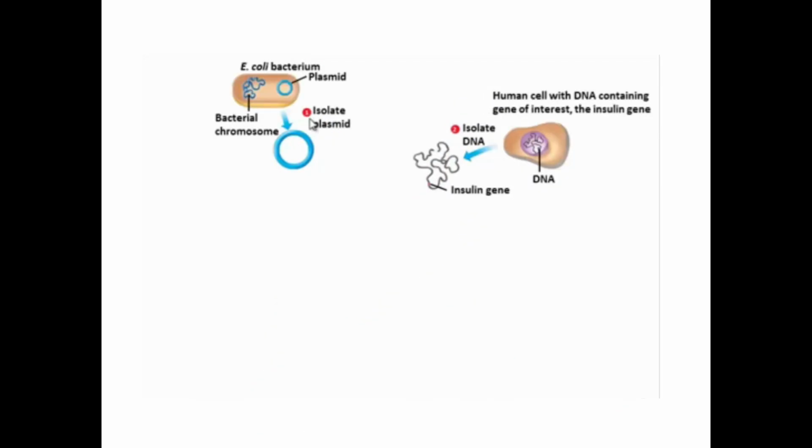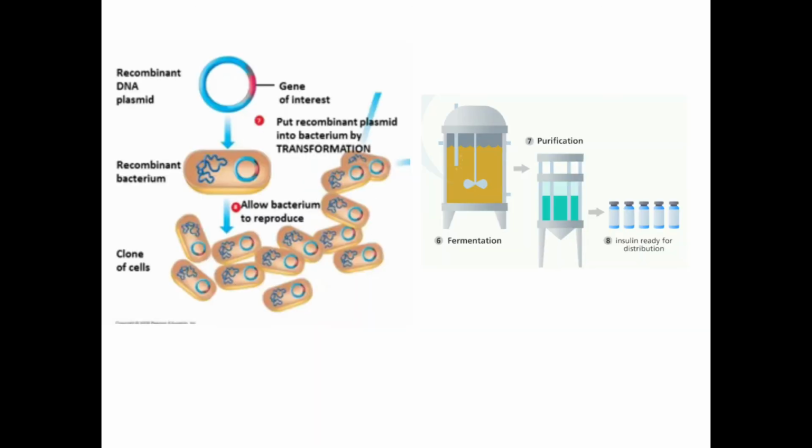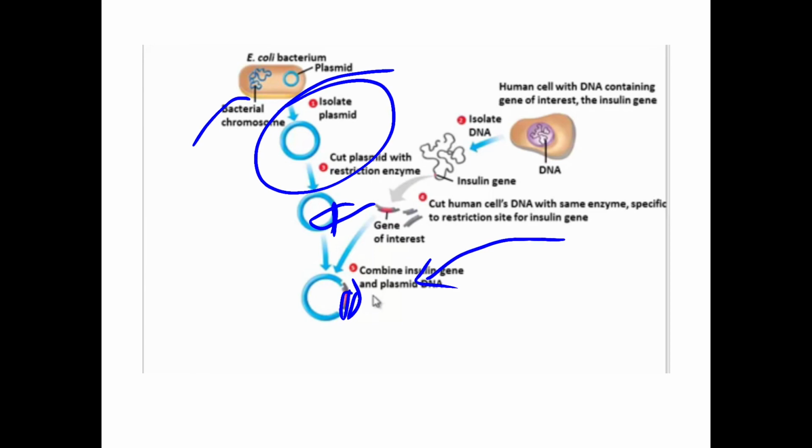Now we will see the general phenomenon of gene cloning. In this case you can see the plasmid is extracted from the bacterial cell, and the isolated plasmid is treated with the restriction enzyme, and it will create a gap, which is filled by the gene of interest which has the same sequence of DNA.